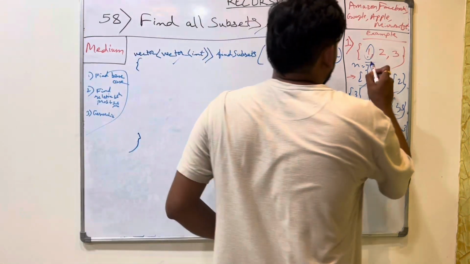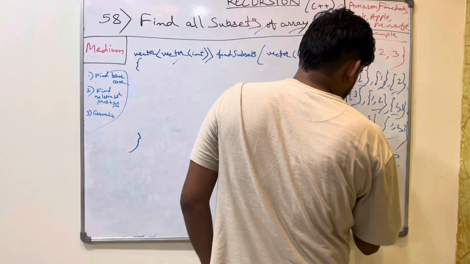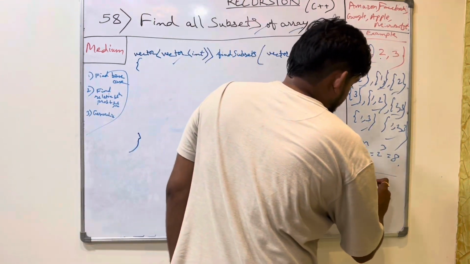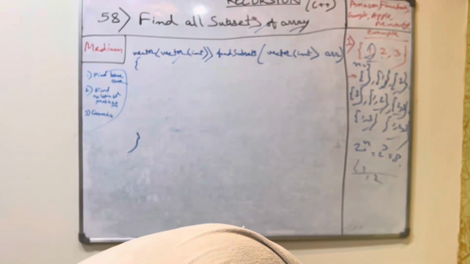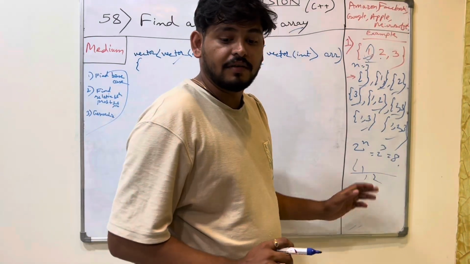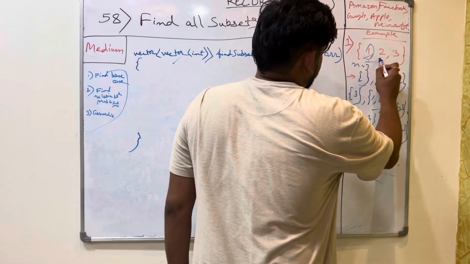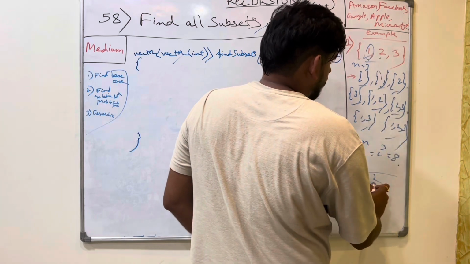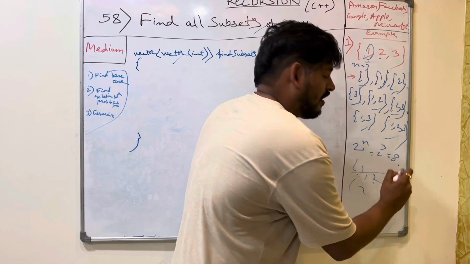For example, say we take this 1 in our array, and then we move to 2. Here also we can take 2. So here we took 1, and if we take 2 again, then we will have both 1, 2, but in one of the possible subsets we don't want to take 1, we only want to take 2.